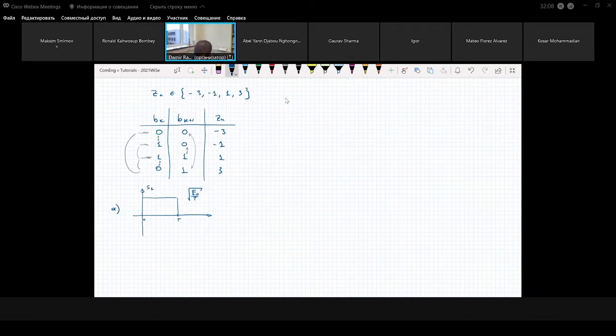Let's say for our first signal, we take the first amplitude in our table, -3. So we multiply by -3 square root of E0 divided by capital T. So this is our first signal.